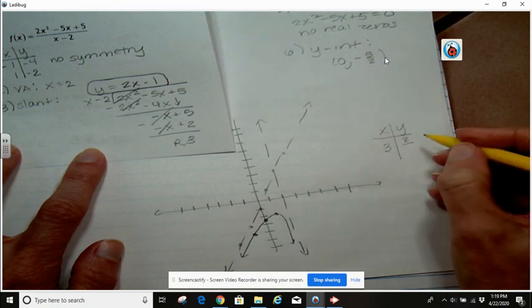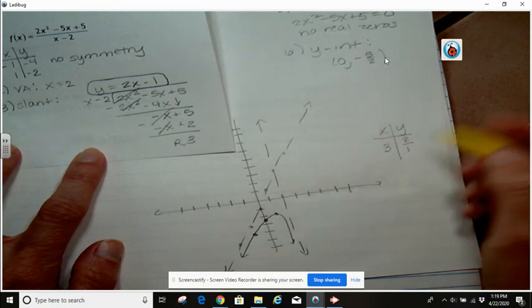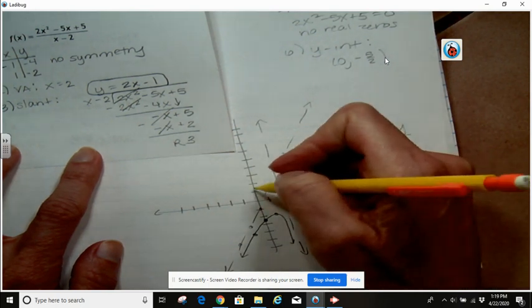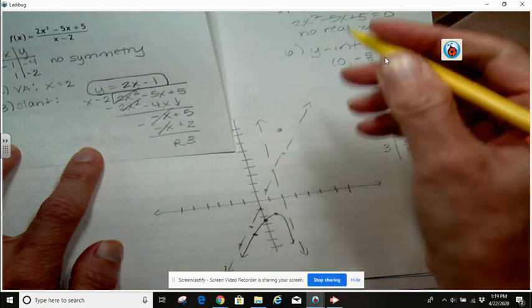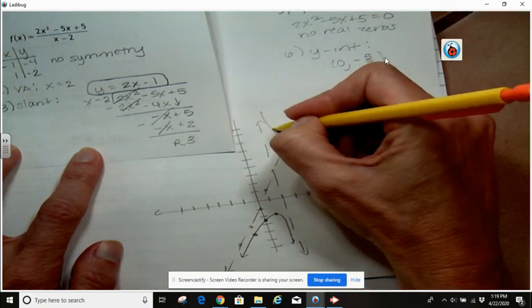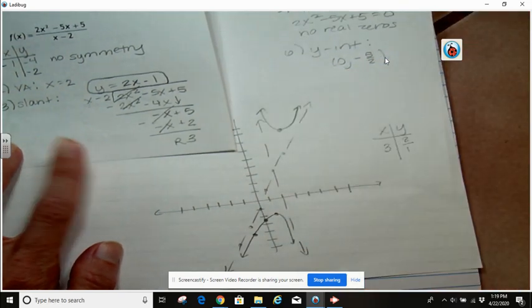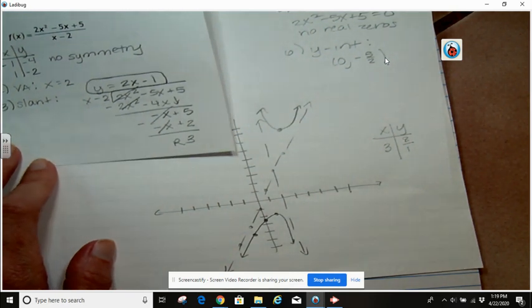And in the denominator, 3 minus 2 is 1. So I can also plot the point 3, 8. 1, 2, 3, 4, 5, 6, 7, 8. And sketch a curve up there. And that's what my graph looks like for number 2.